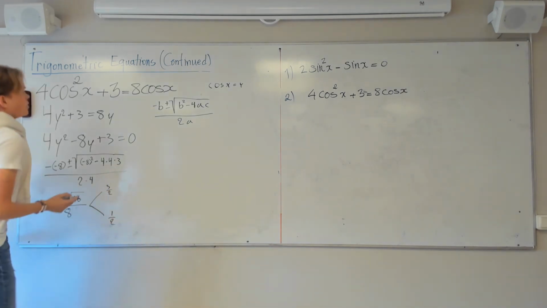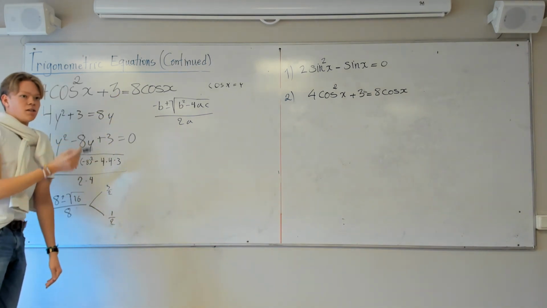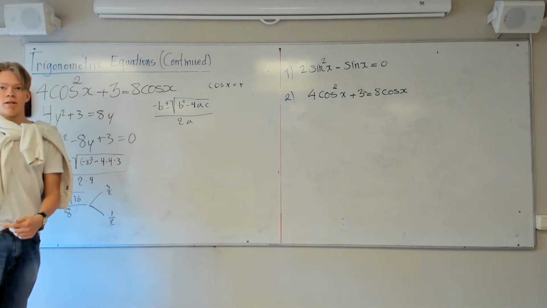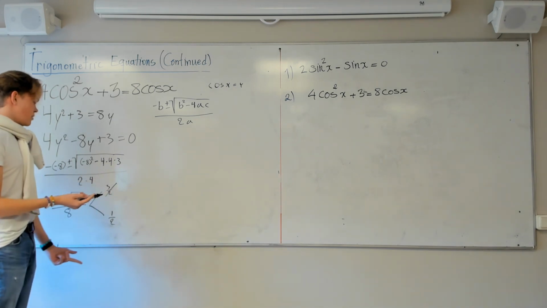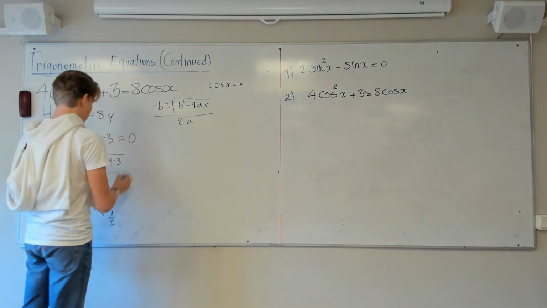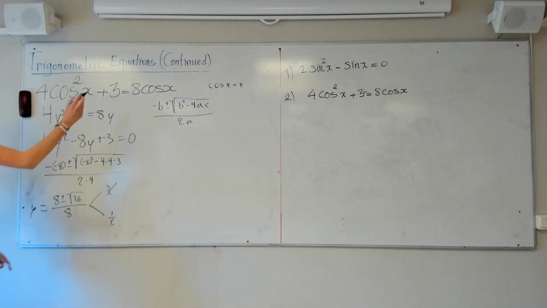And since cosine of a number can only be between 0 and 1, this one gets crossed out because it's too big. So then we have this answer left, and we know that this is equal to y, not x.